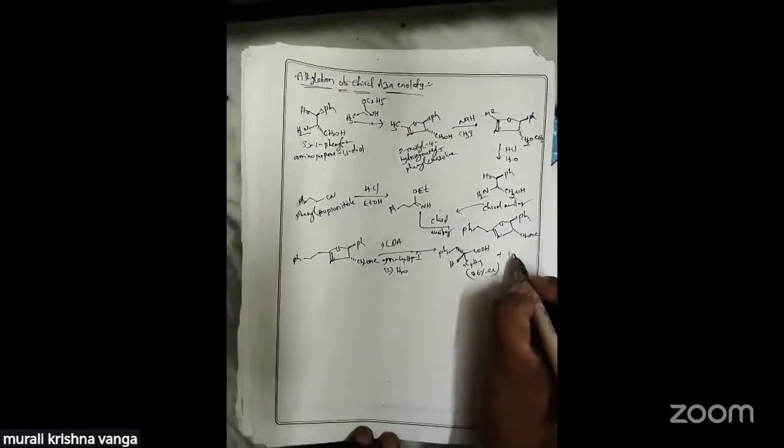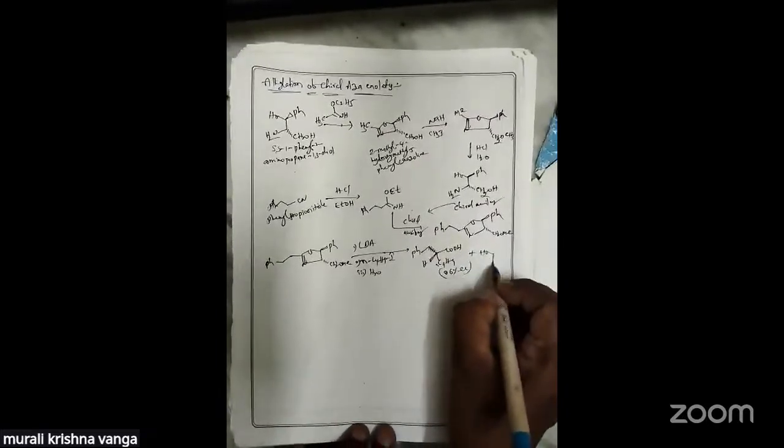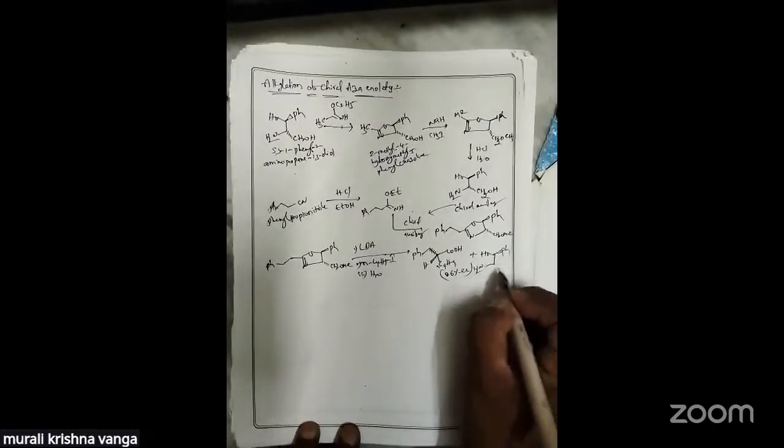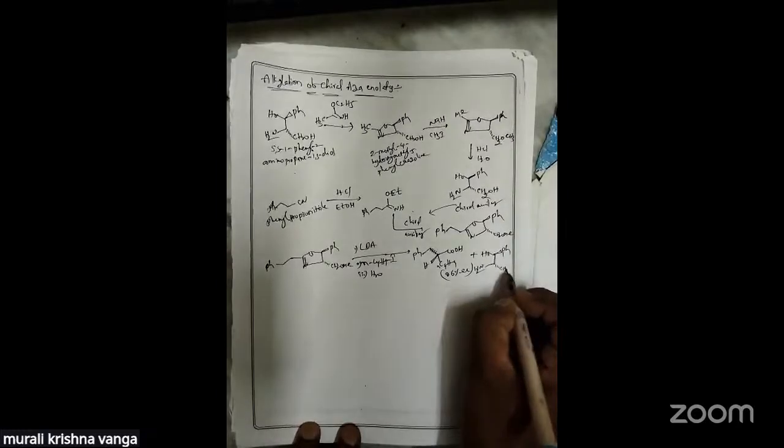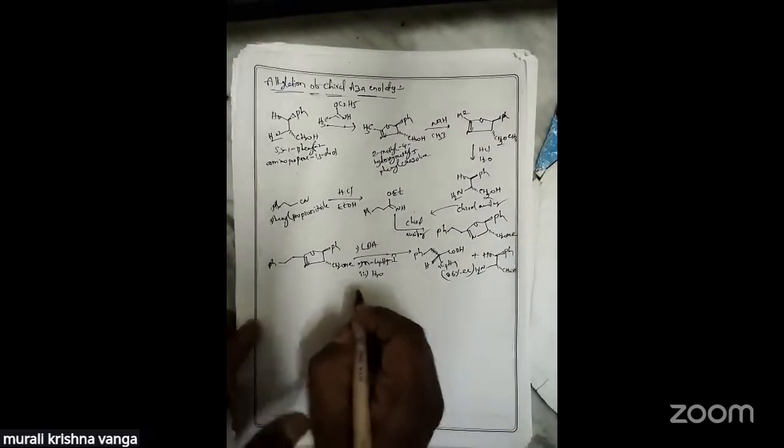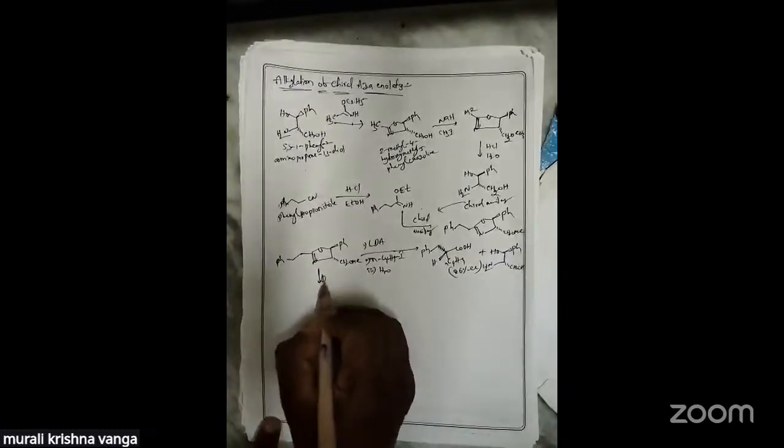The chiral auxiliary is also recovered. So when this compound reacts with lithium diisopropylamide, then the product is phenyl.